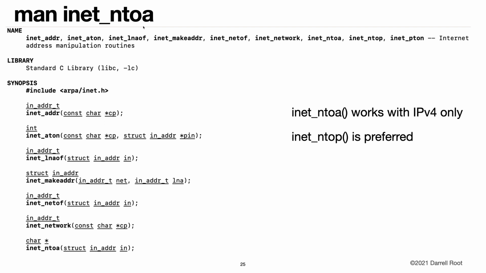inet_ntoa is an older function which converts an IPv4 network address to an address string. So down here you can see the inet_ntoa. We pass in an in_addr, which is an IPv4 structure, and it gives us a pointer to a string.